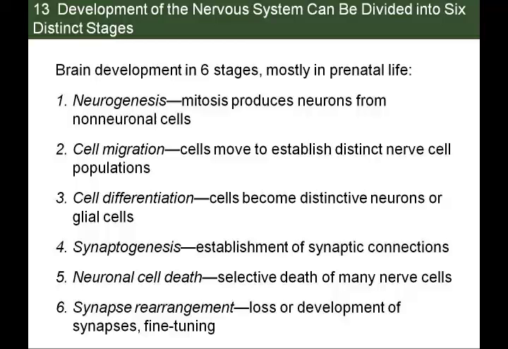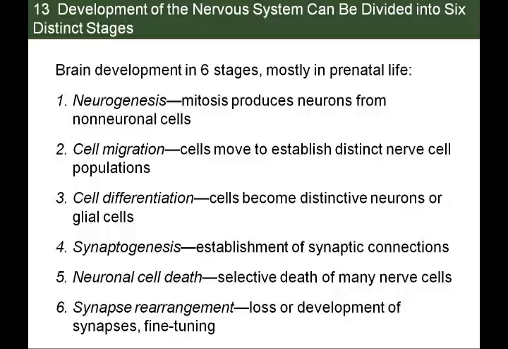So in brain development, you have different stages. First, obviously, neurons have to be born through mitosis, cell division, which is called neurogenesis, birth of neurons. Once they're born, they have to migrate to their final destination, because they're all born around the ventricular zone.